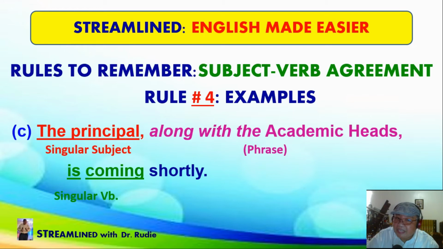Along with the academic heads is an intervening expression that contains academic heads, which is plural in form. But as we say, this would not affect the number of our subject, which is singular. That's why the correct verb is coming, which is likewise singular in form.